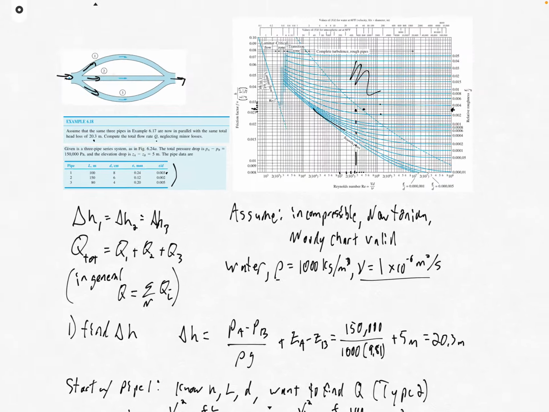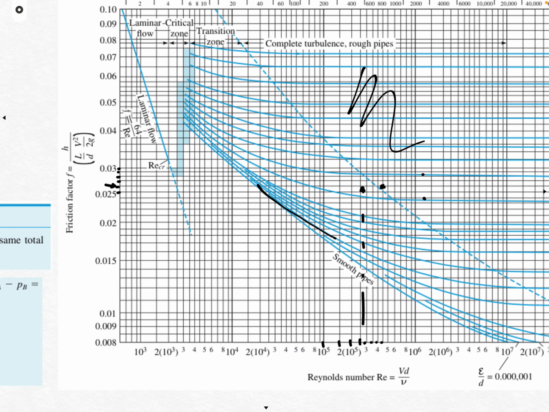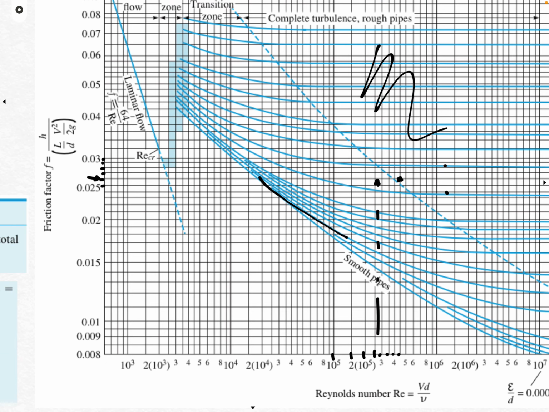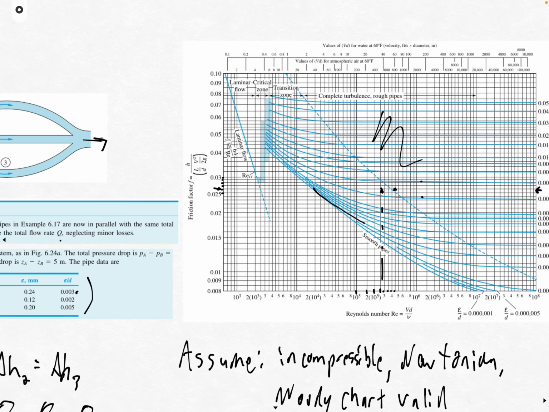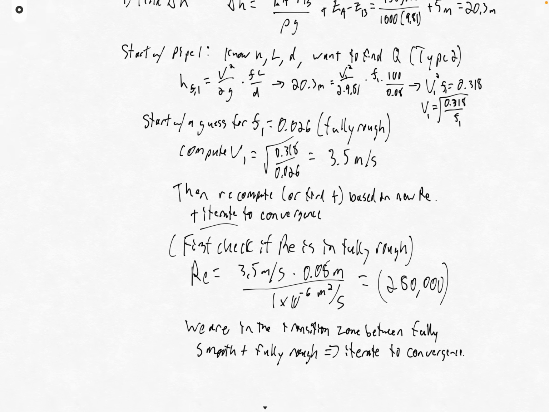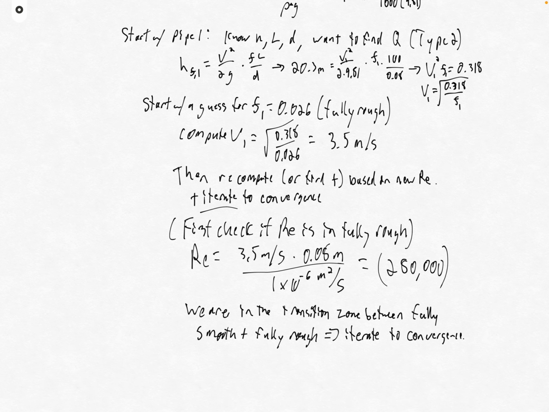So again, scrolling up, we found at our Reynolds number of 280,000, we're going to be somewhere just above where we were before, 0.0265 maybe, for the friction factor. And we're virtually converged already, as close as we can get.